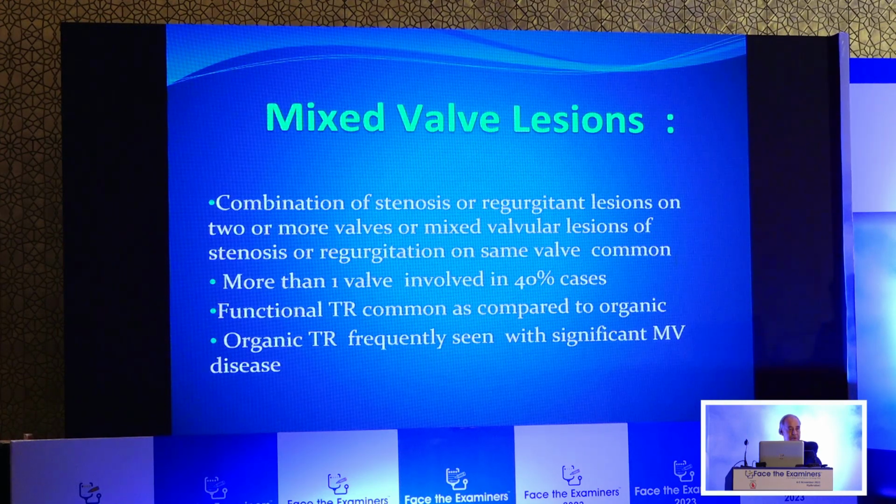Organic tricuspid regurgitation is not infrequent, and particularly after we started having a lot of data from echocardiography, we know that organic tricuspid regurgitation also is common. In patients with significant mitral valve disease, the incidence of organic tricuspid valve disease is quite common.